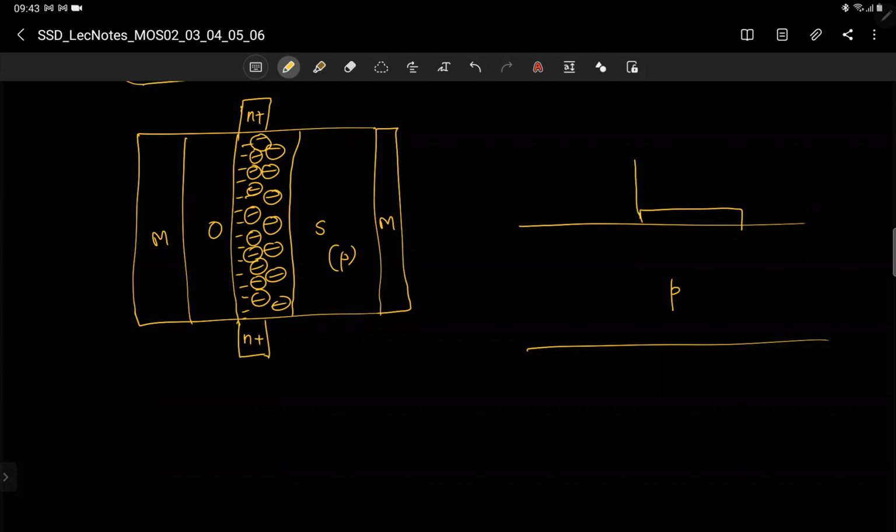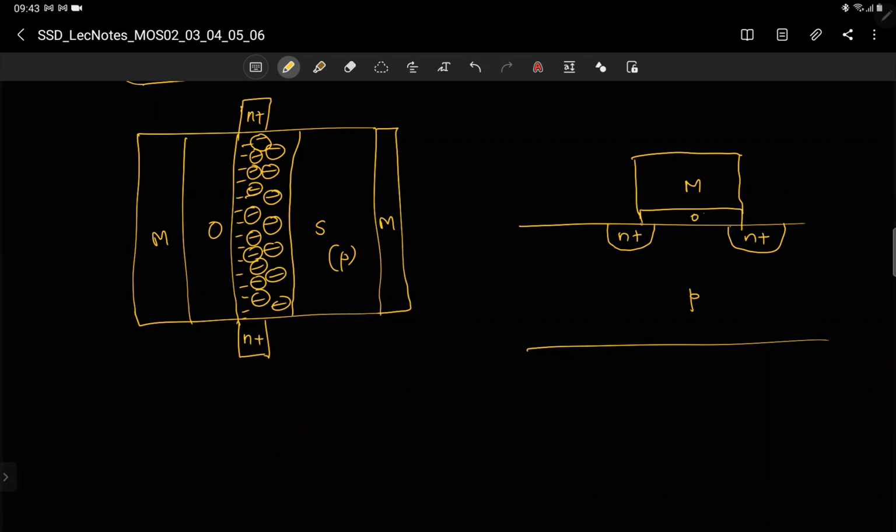So they will make oxide like this. This is oxide, this is metal, this is p-type semiconductor, and here they will convert this region into N plus like this. This is how they convert the region to N plus.